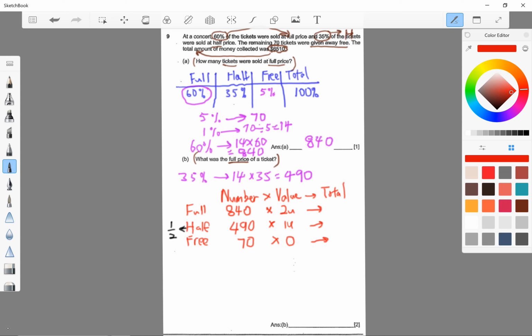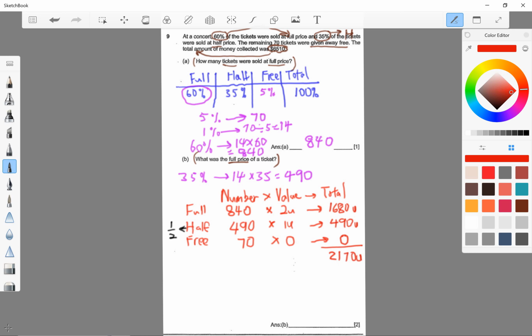The full price, if I multiply across, 840 times 2 is 1,680 units. As for the half price, is 490 units. Then what about the free ones? Will be 0. And if I work everything out, add them all up, it gets us to 2,170 units.